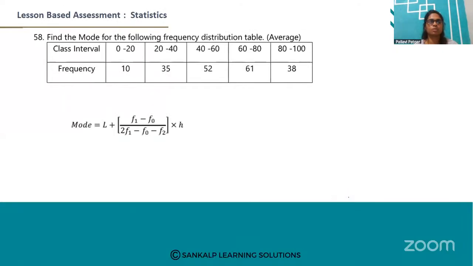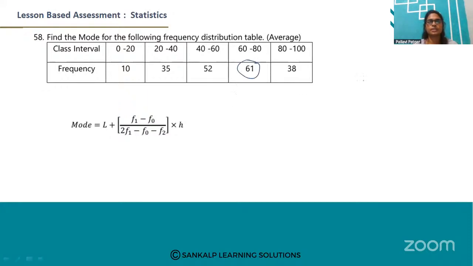Look at question number 58. Find the mode for the following frequency distribution table. Here, identify the modal class and relevant values. The modal class is the one with the highest frequency, which is 60 to 80 with frequency 61.